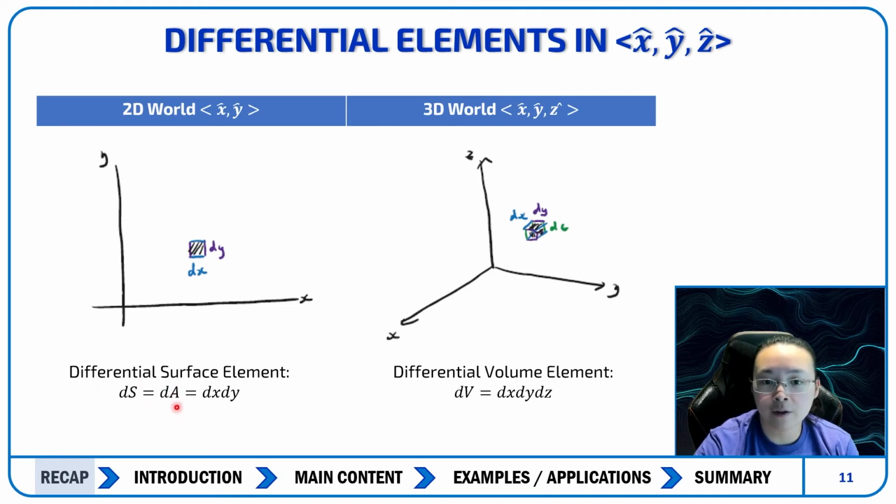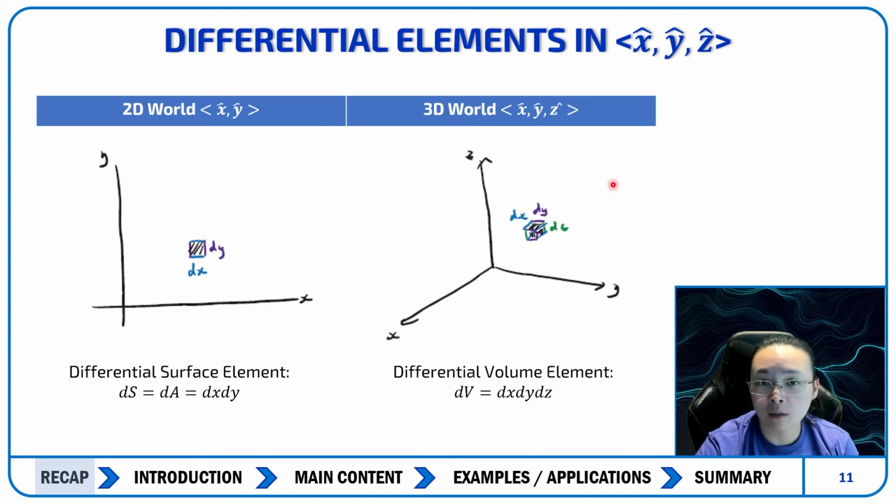You can use either of these two. They're the same. Whenever I'm looking at a 2D area, I know that I'm looking at a length times a width. My width is dx, so I have a differential change in the width, and I have a differential change in the length, dy. So I multiply these two to get a differential surface element.